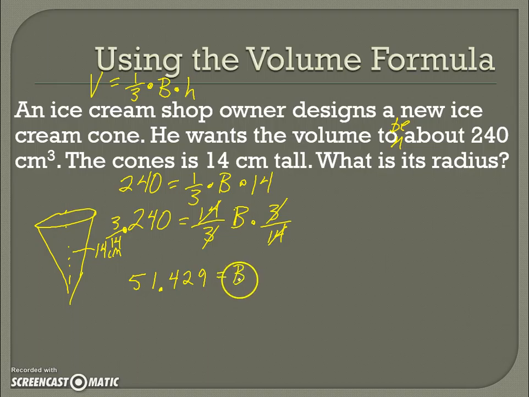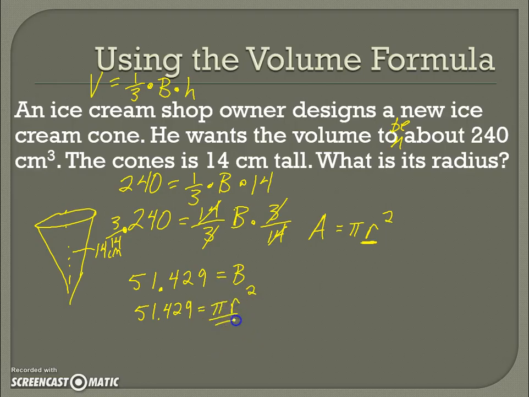Well, the base is going to be a circle. The area of a circle is pi r squared, and r is what I'm looking for. So I need to replace this B with this. So I get 51.429 equals pi r squared, and then I'm solving for r.